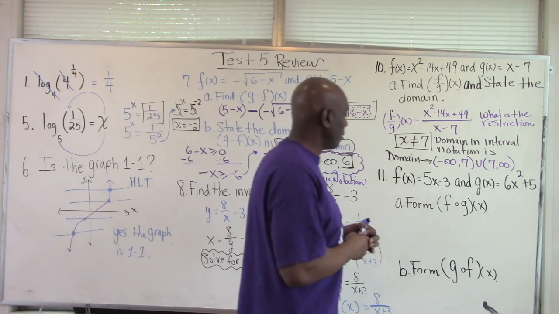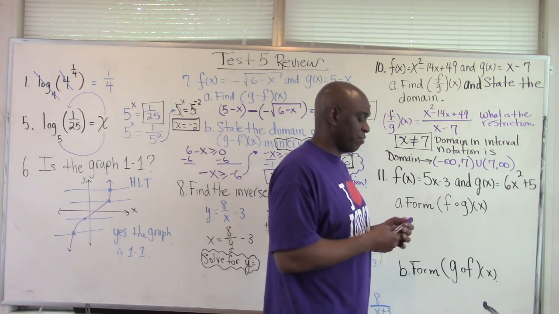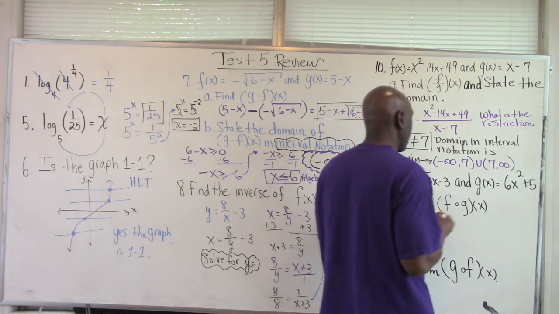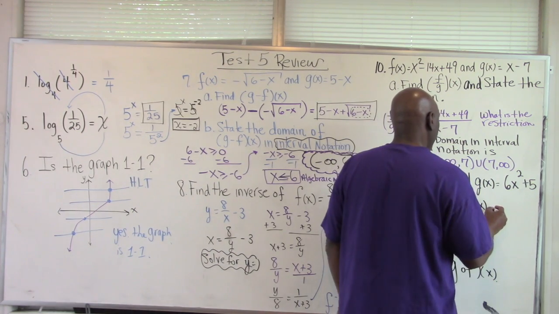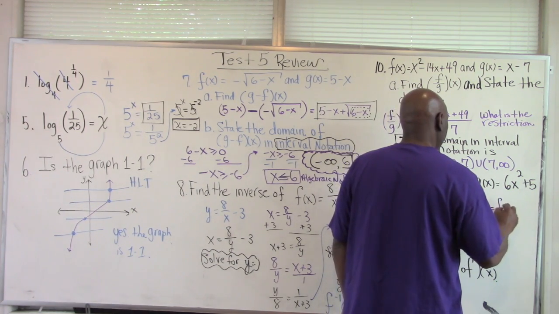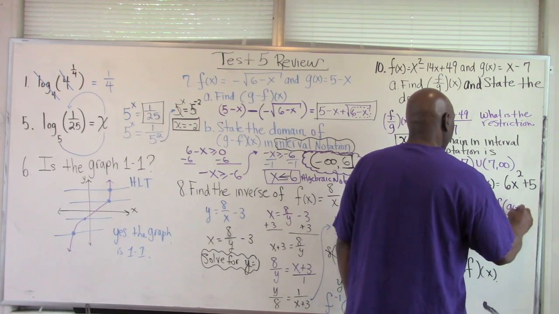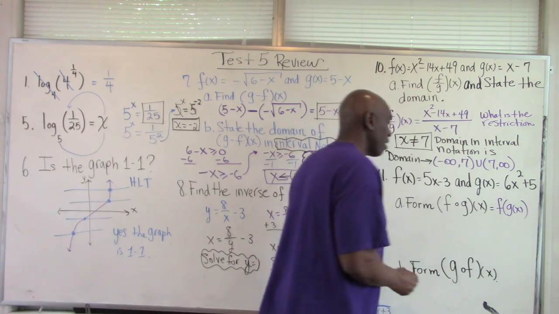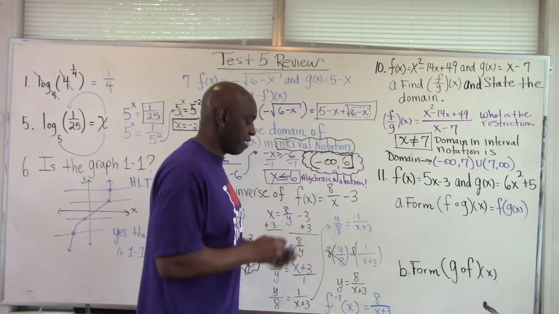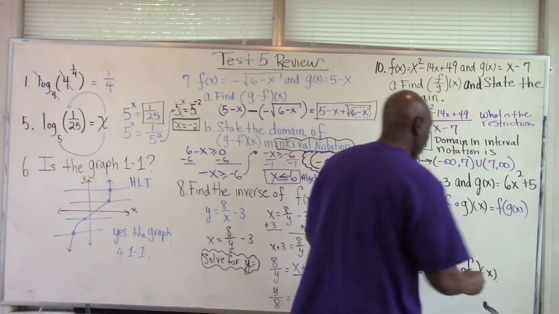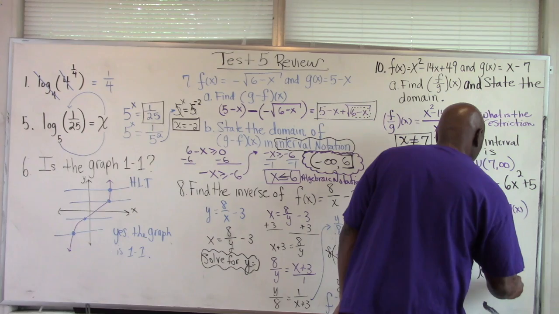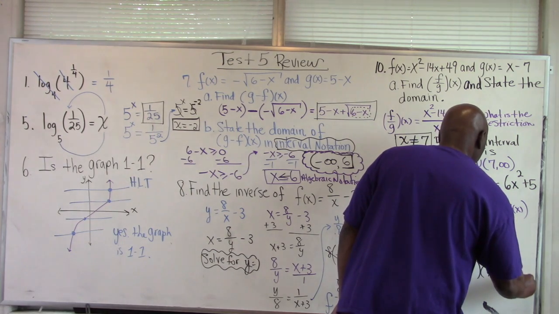Alright, number 11. Let's form f of g of x, which is the same thing as f composed with g of x. So you want to put g inside of f, and this can also be written as g of f of x.